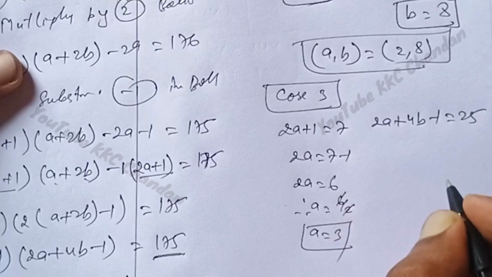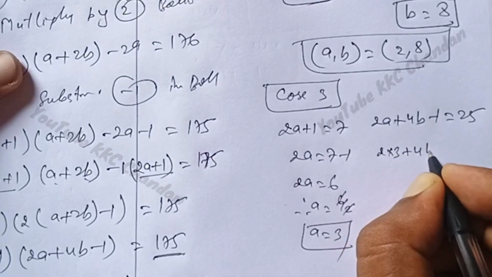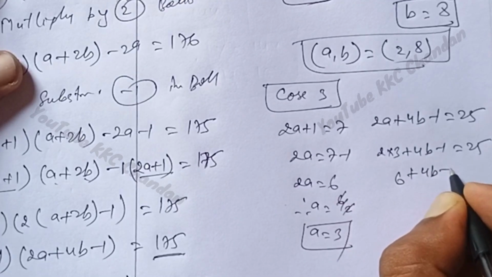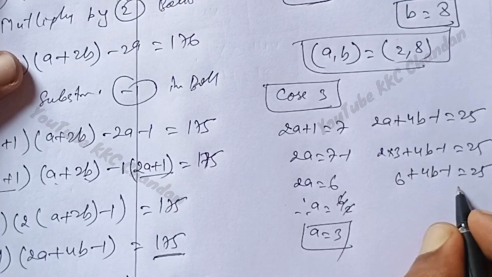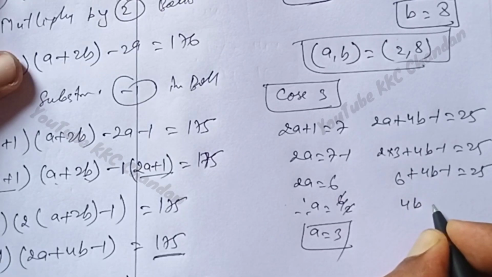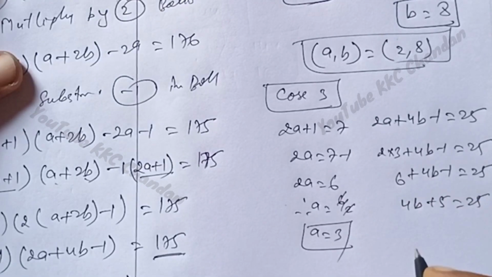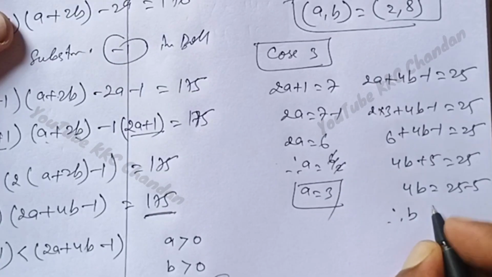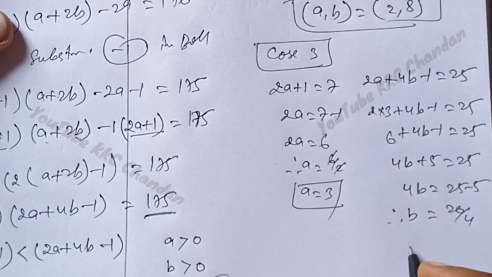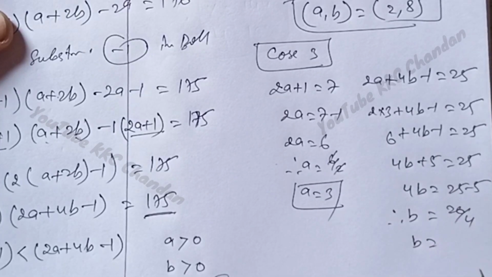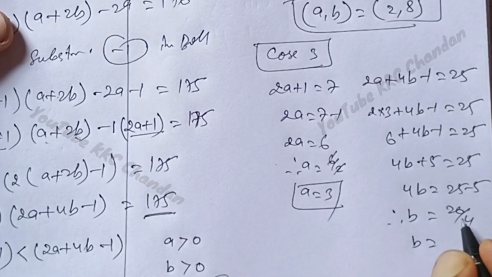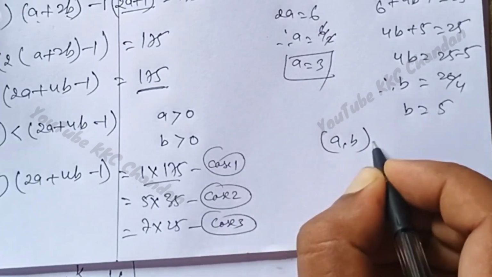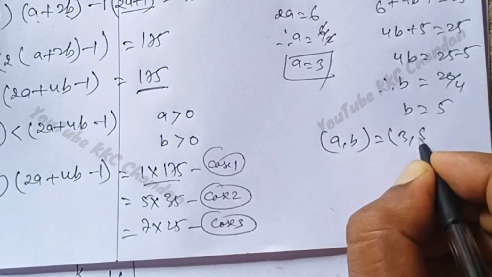Put this a value in 2 into 3 plus 4b minus 1 is equal to 25. 6 plus 4b minus 1 is equal to 25, therefore 4b plus 5 is equal to 25. 4b is equal to 25 minus 5, therefore b is equal to 20 divided by 4, b is equal to 5. So a comma b is 3, 5.